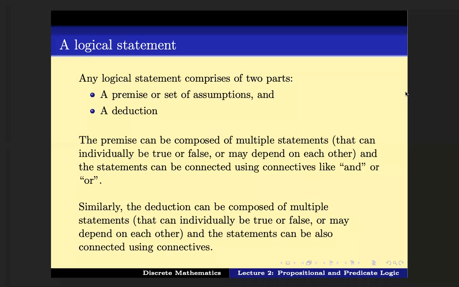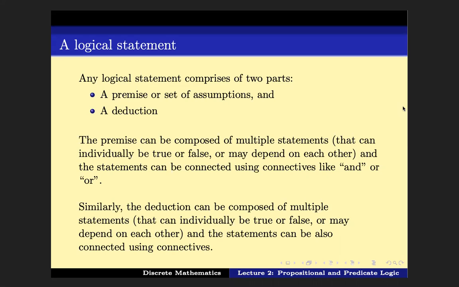Now, these assumptions can be composed of multiple different statements that can be either true or false. Just like we did just now in the equivalence relation, the idea was that if this happens and this happens, then something.